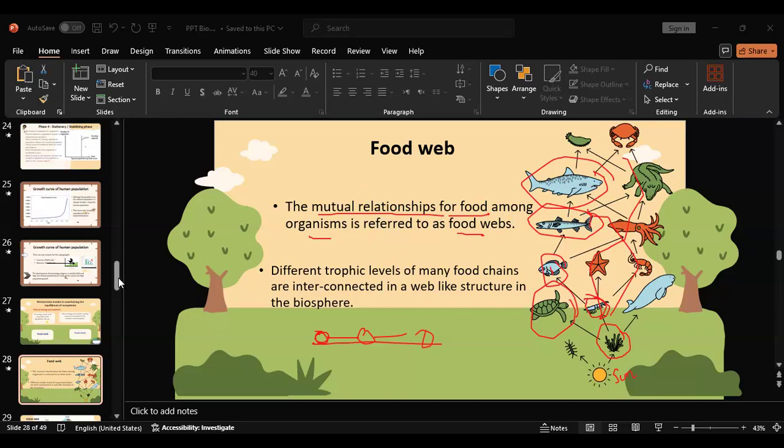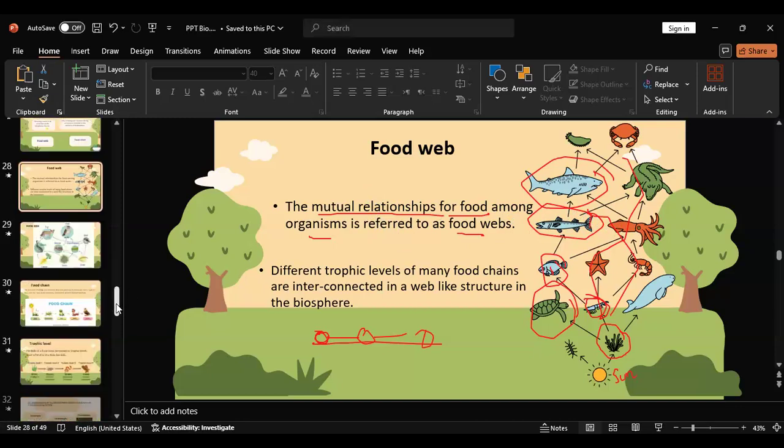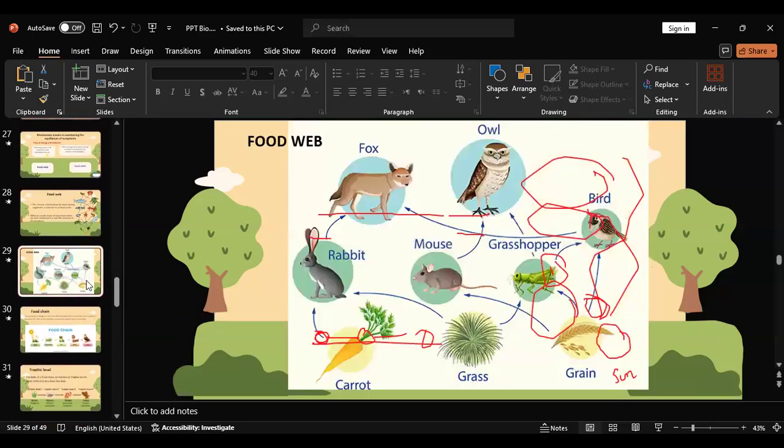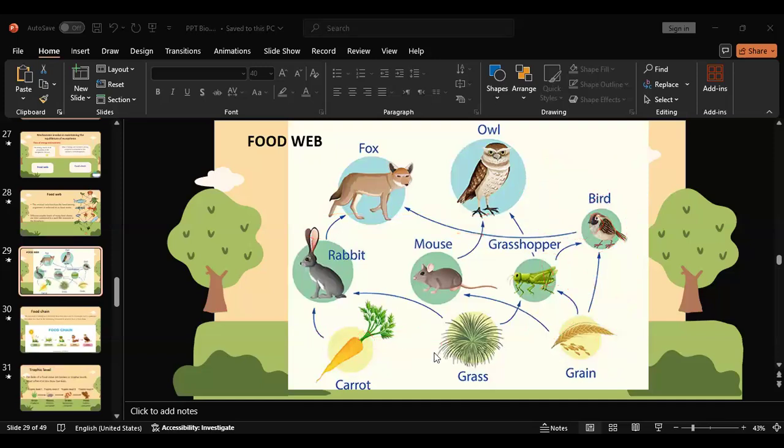The next one, here you may see a food web. Here you can see this is the grass. You may see one linear chain. First of all, the grass is eaten by the grasshopper, and this grasshopper is eaten by a bird.